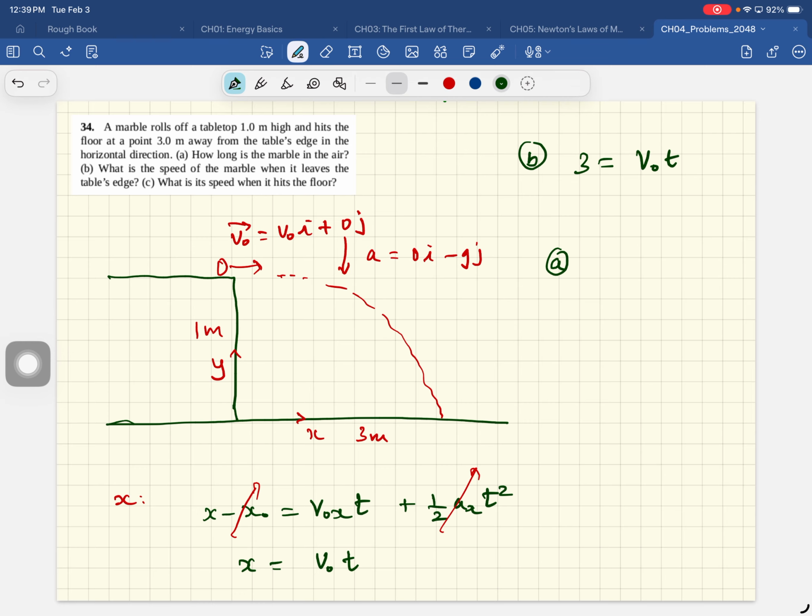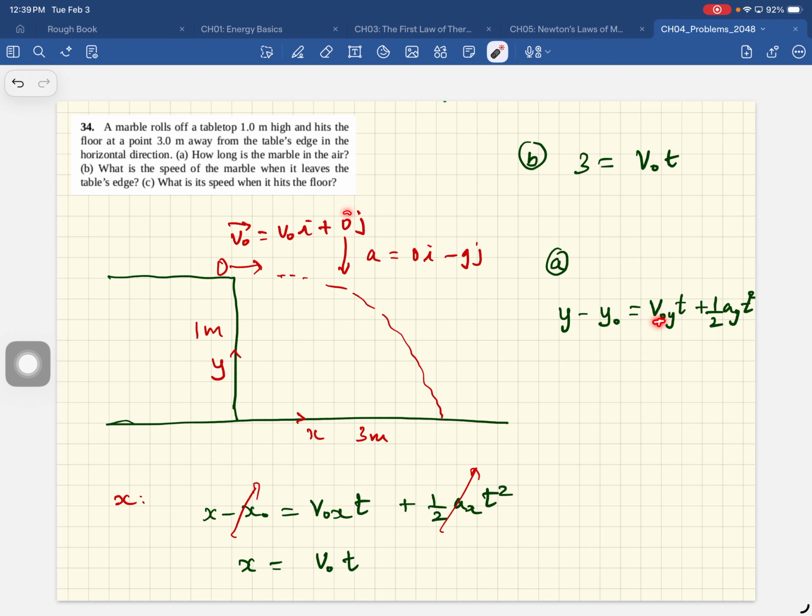Let's look at the y motion. y minus y naught equals v naught y t plus 1/2 a y t squared. All right, here is the initial y position, which is 1 meter. Here is the final y position, which is 0 meters.